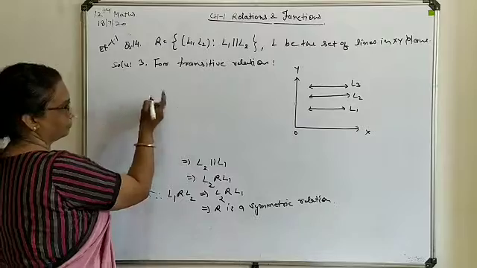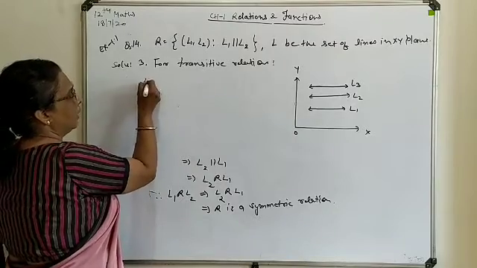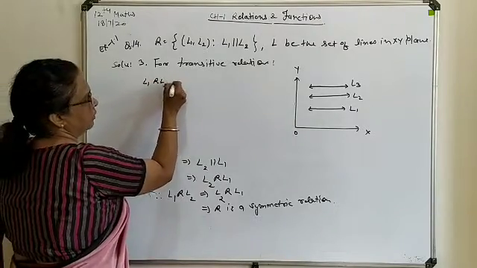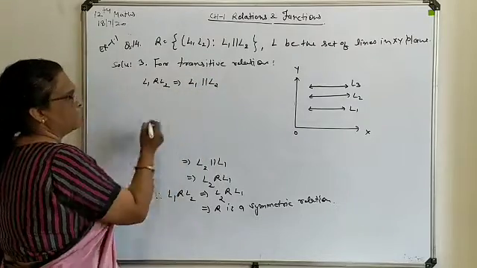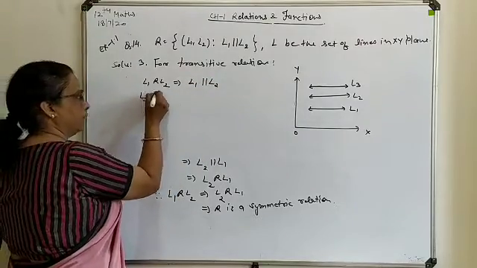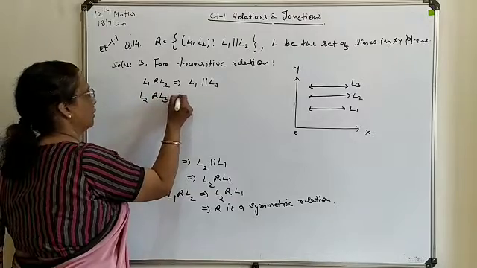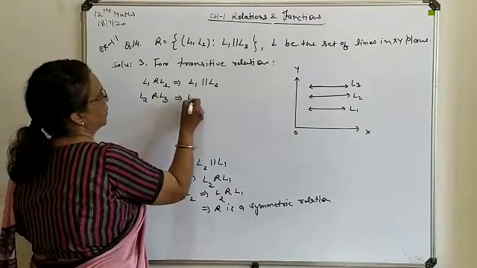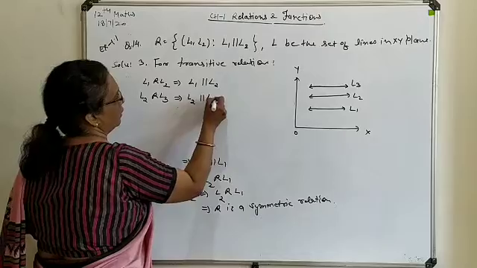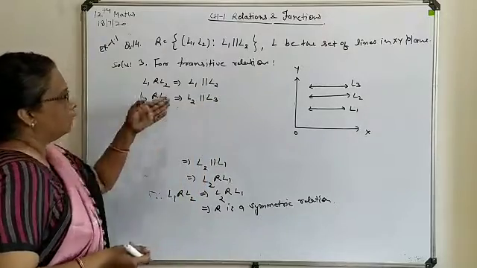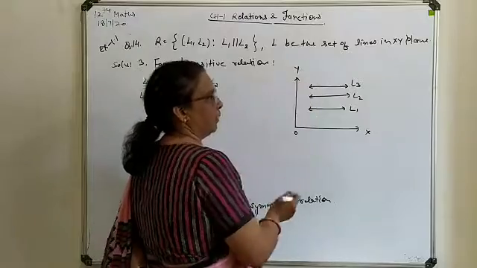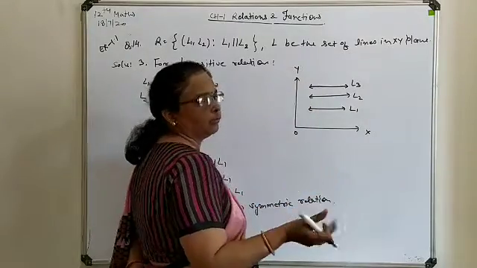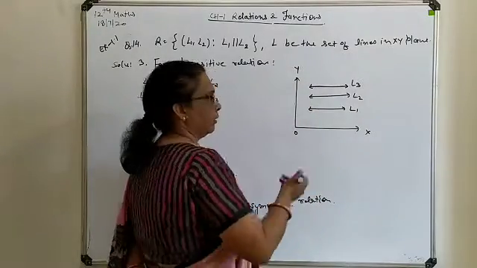So first, L1 relates with L2, that means L1 is parallel to L2. Second, we take L2 related to L3, so L2 is parallel to L3. It is a very basic thing that if three lines are in a parallel combination, any two of them can be combined as parallel.